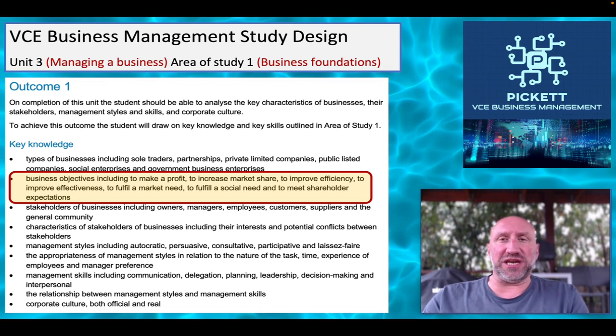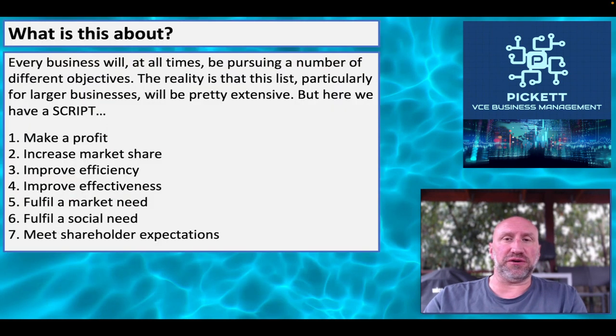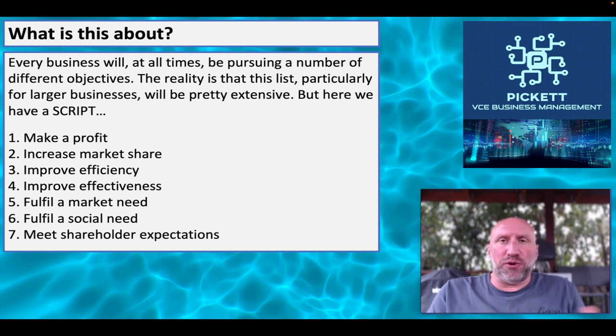And really key here is this idea of sticking to the script, because we have a list that the study design tells us. So we are going to stick to those ones in this video. So what's this about? Every business at any point in their lifespan is going to be pursuing a number of different objectives.